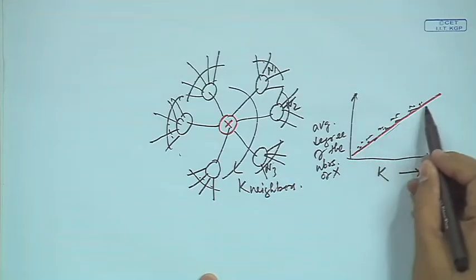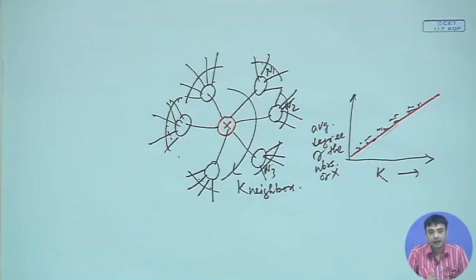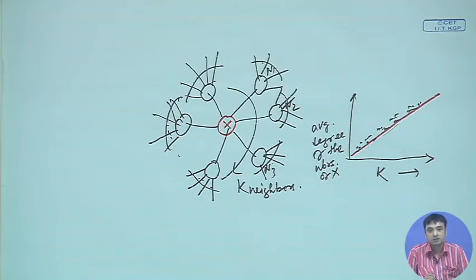If my degree is highly correlated with the degree of my neighbors, then it is an assortative network, and such correlation is reflected by the scatter diagram, which is concentrated close to the y equals x line on this plot. So, by plotting the degree of a node and the average degree of the neighbors of that node on the x and the y axis, and looking at how well they concentrate around the y equals x line, you identify whether a particular graph is assortative or not.